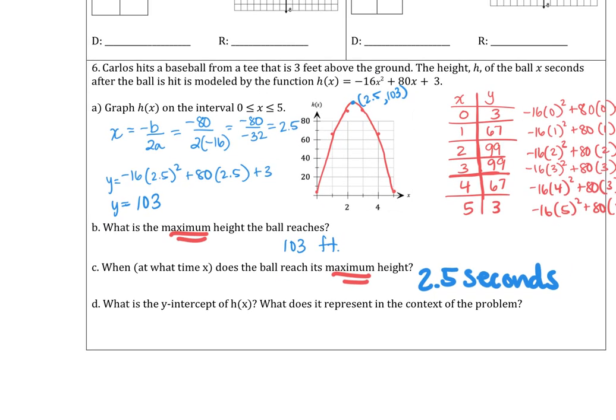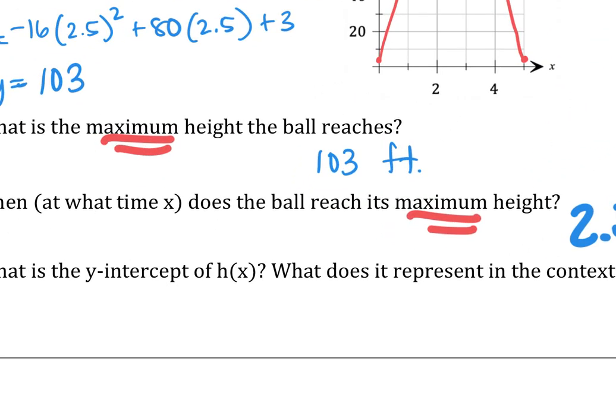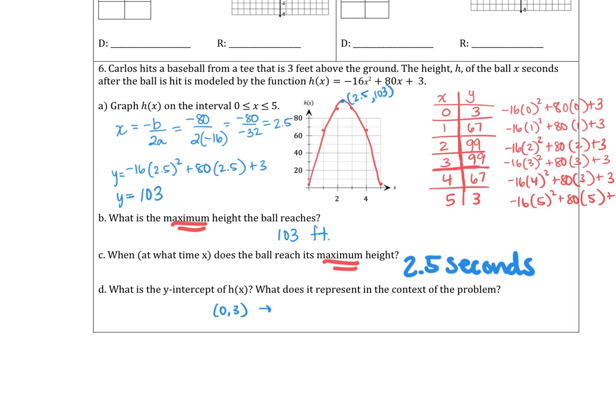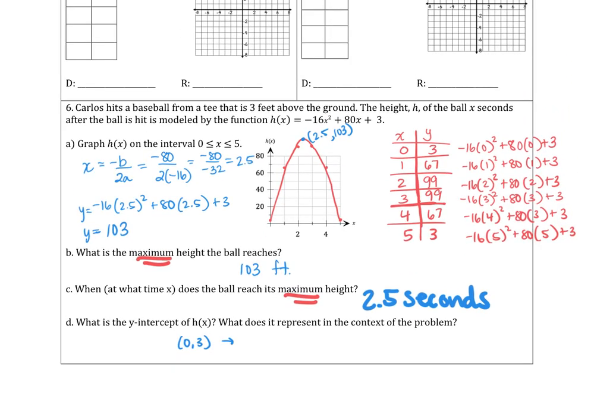All right, last question for number 6, letter D. What's the y-intercept of h of x, and what does it represent? So the y-intercept, yep, is 3. Not thrown, but yeah, the height of the tee, right? Which it literally already tells us that.